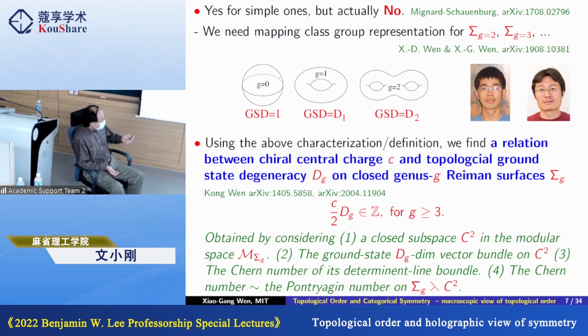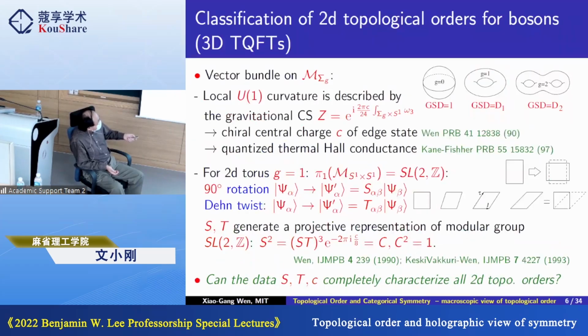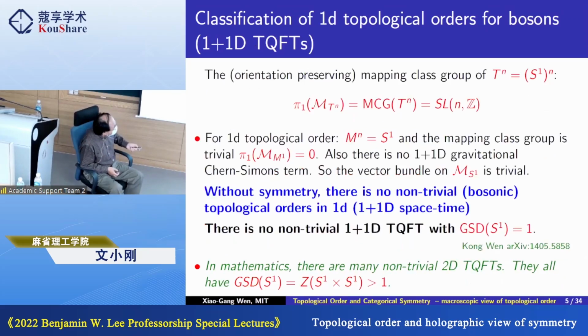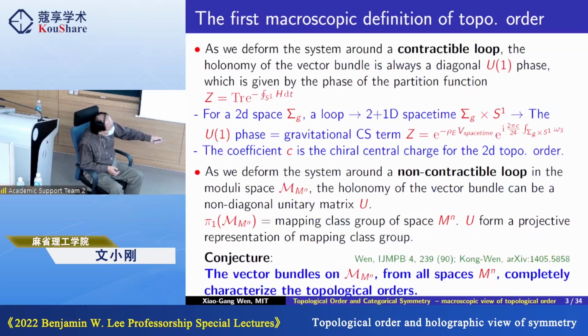Usually it's the mapping class group, because we only care about the representation of π1 of the moduli space. π1 of the moduli space really corresponds to the mapping class group. So we don't need to know detailed information on the moduli space. As long as we know it's the mapping class group, we can carry on.